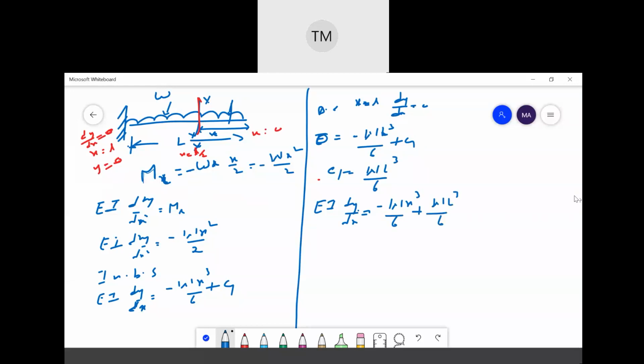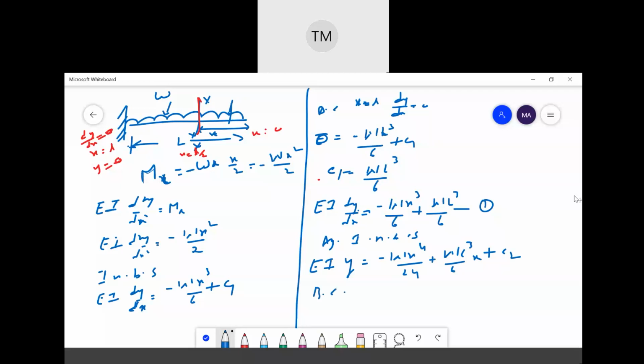This is equation 1. Again I am integrating on both sides to calculate the deflection, that is, EI y is equal to minus w x to the power of 4 by 24 plus w L cube by 6 into x plus C2.